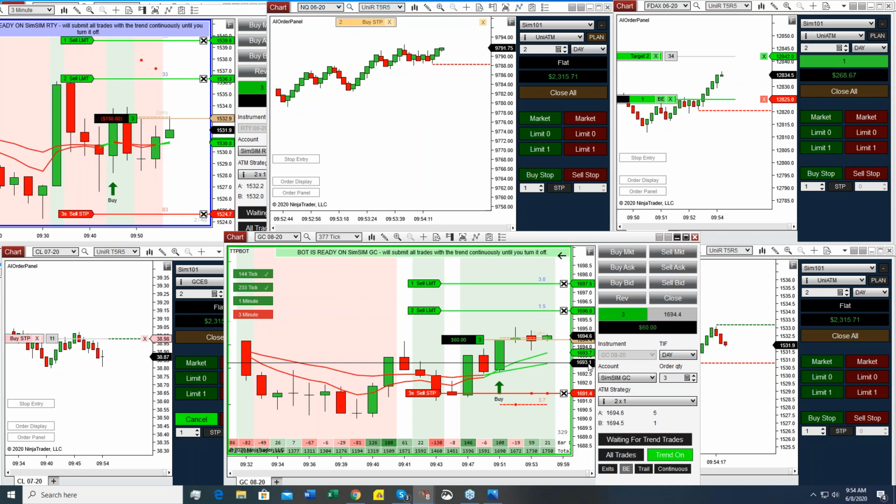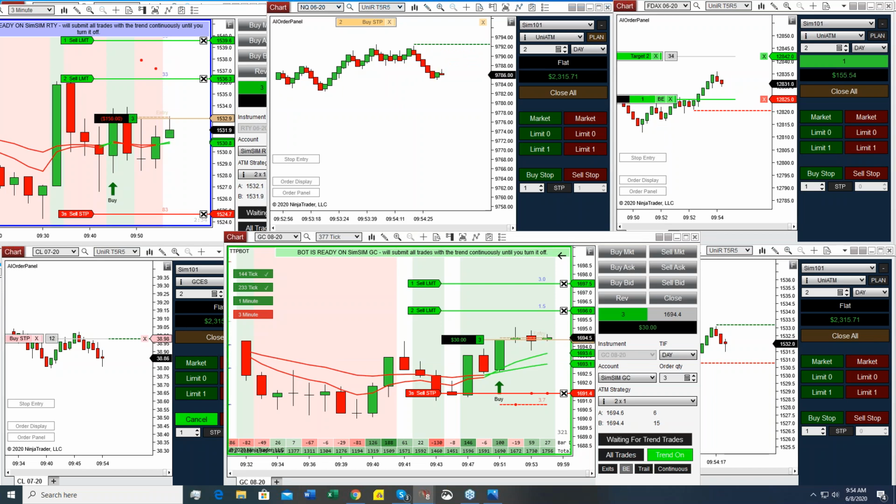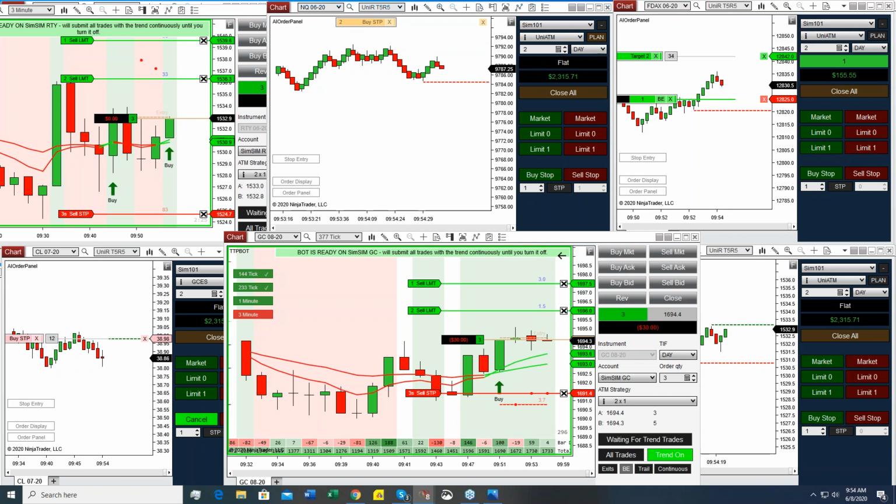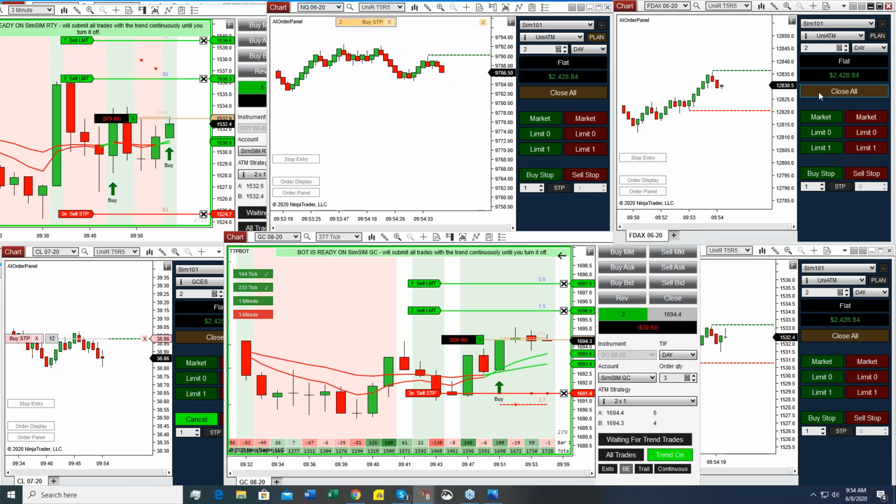Russell looks to me like it's going to just screw around until it breaks out above what looks like 34. Target filled.